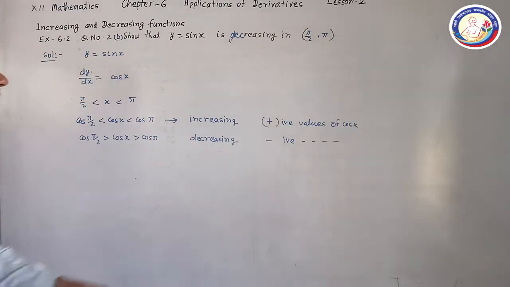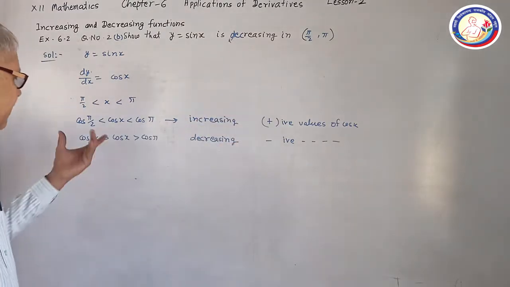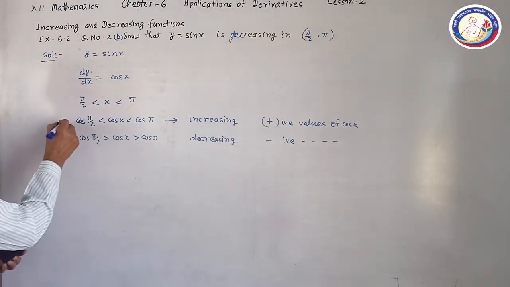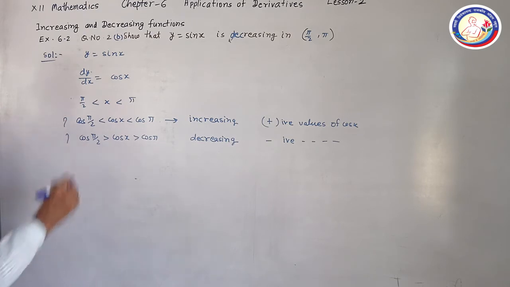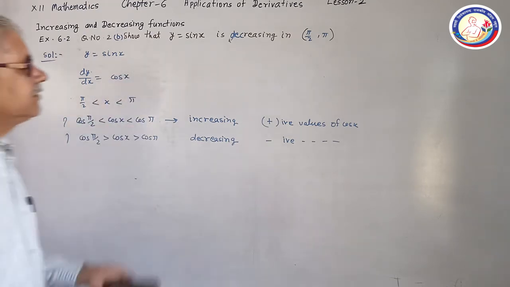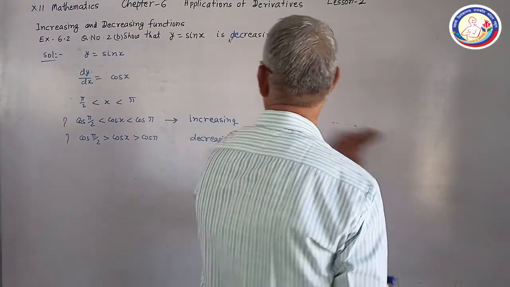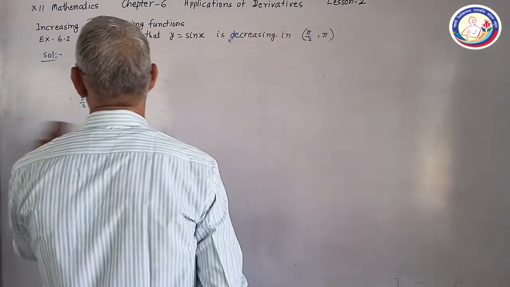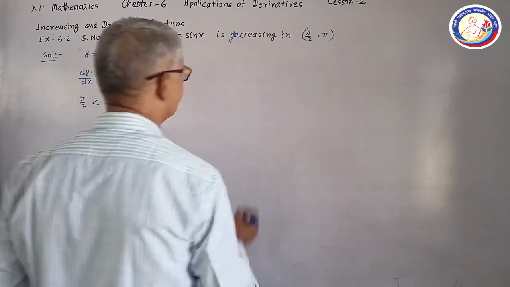So these two conditions may arise. So what is the condition prevailing here? Is this correct or is this correct? Which out of these two is correct? So let us take, we can understand it by graph also, and we can take values also.